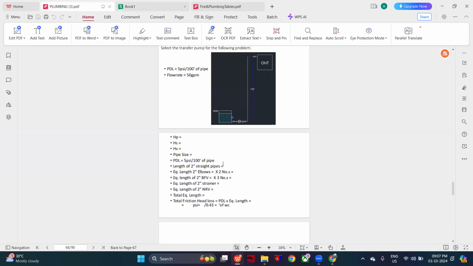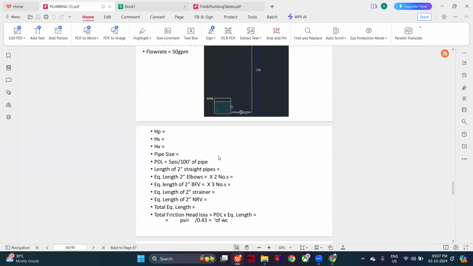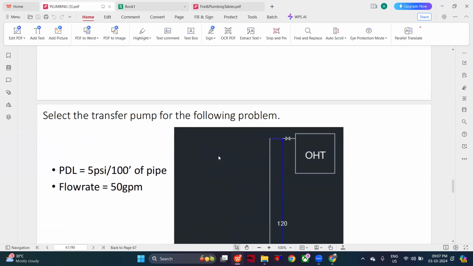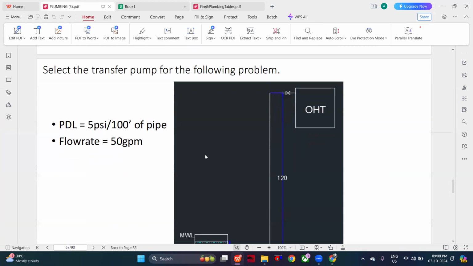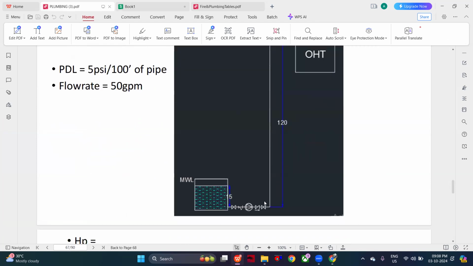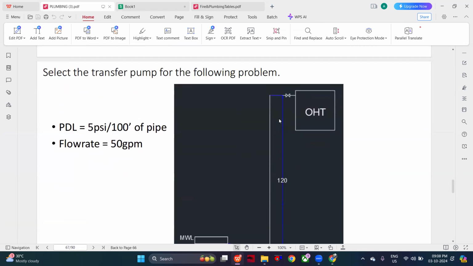Now I have to find out the loss happening in fittings. What are the fittings I have? 2 elbows. Nothing else is here.